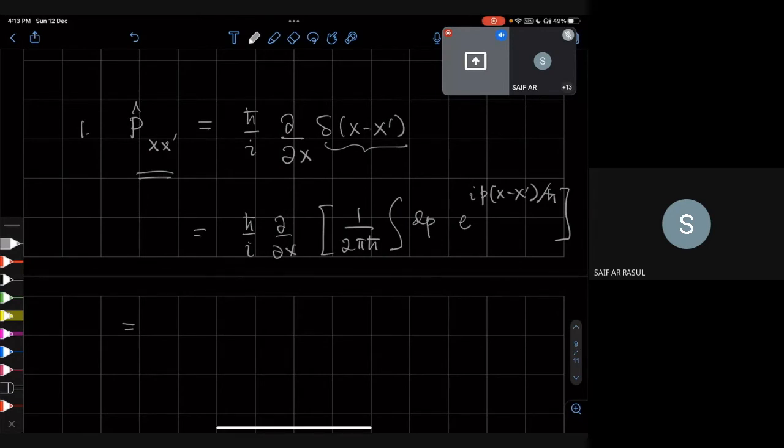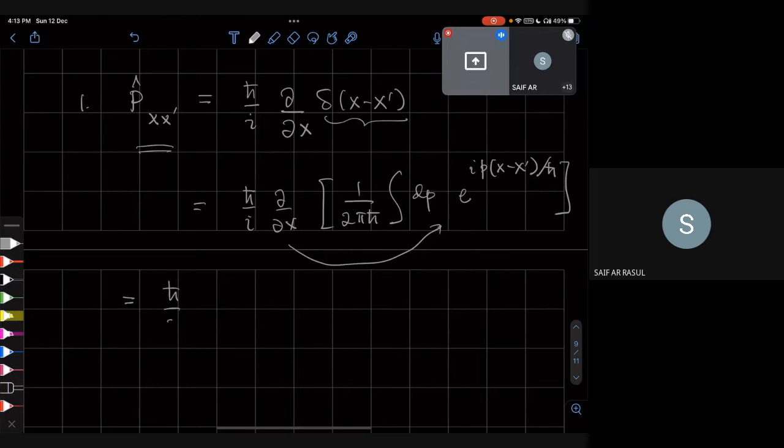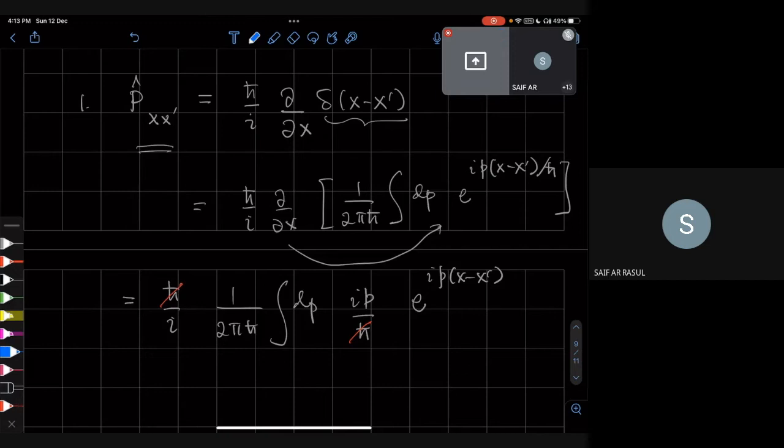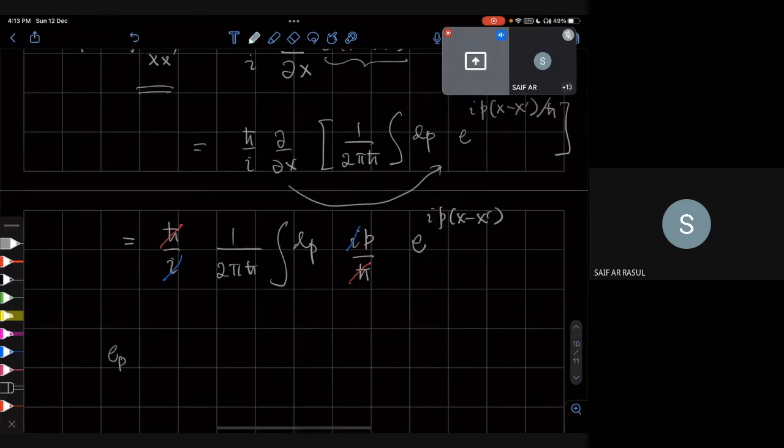Then we can take the derivative inside the integral sign, and we have h bar by i, here we have 1 over 2 pi h bar, integral dp. The derivative with respect to x will bring down a factor of i p over h bar, and we have e to the power i p (x minus x prime) as before. Now we see that h bar cancels out, and i cancels out. Then using the definition of e_p, we can write this as the integral over dp times p times e_p star of x, e_p of x prime.